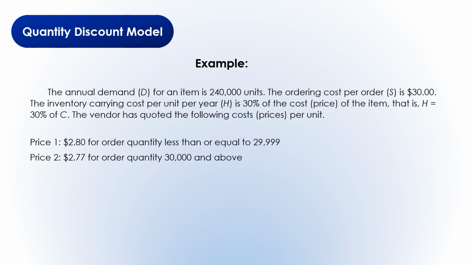So for price 1, it is $2.8 for order quantity less than or equal to 29,999 units. For price 2, it will be $2.77 for order quantity 30,000 and above. So here are the givens.